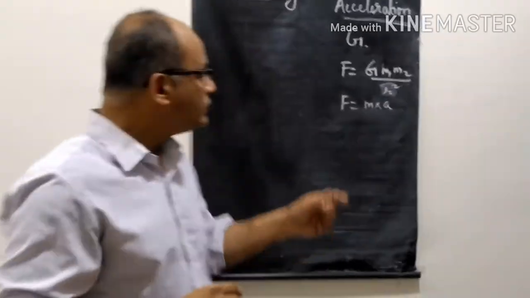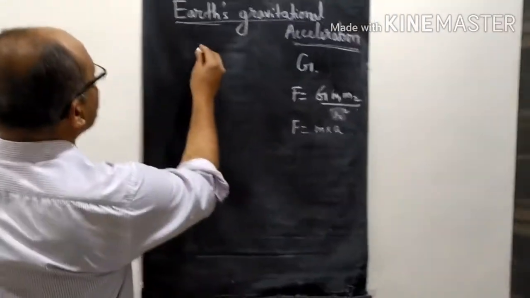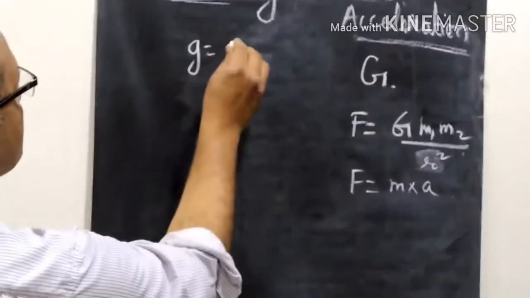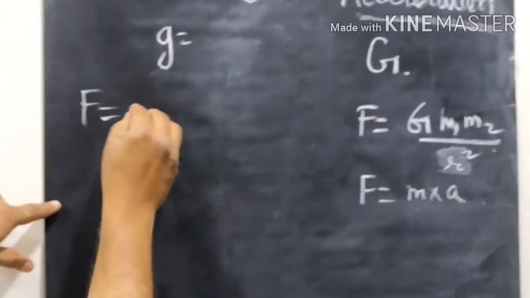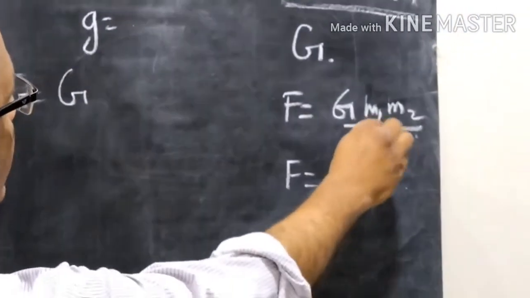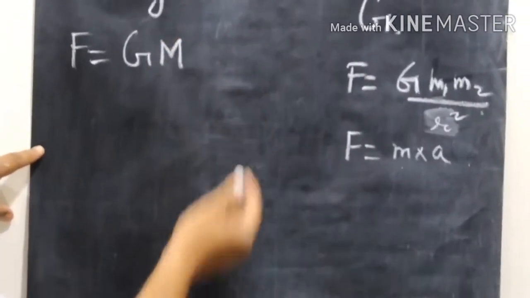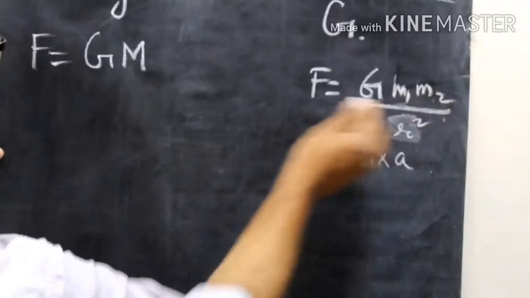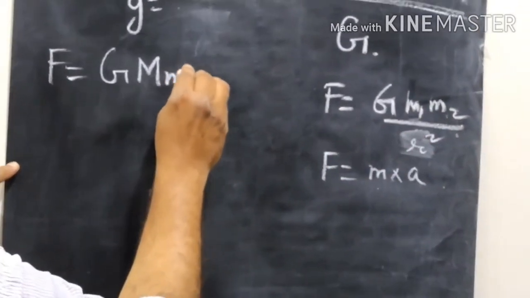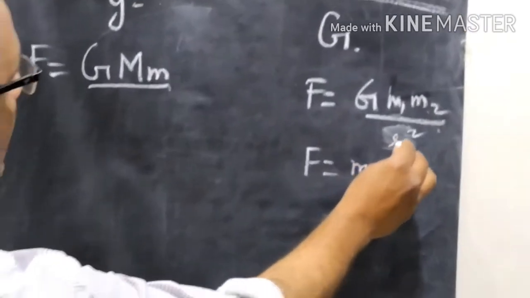Now we will first calculate the value of g. Take the first formula: F is equal to G, and instead of m1, we consider the mass of the Earth, so I will take capital M, and the mass of an object I will write as small m, upon R square.